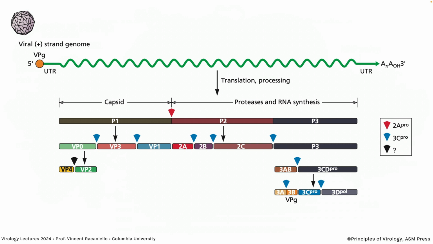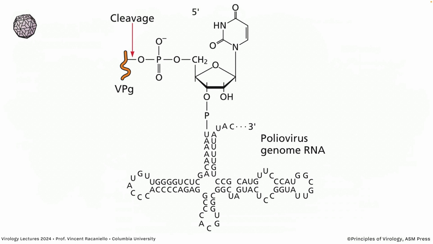At the very 5' end, the protein is linked to the RNA by a phosphodiester linkage to a tyrosine. So tyrosine is one of the amino acids that has a hydroxyl, right? So that hydroxyl can be linked to the phosphate of the first base.